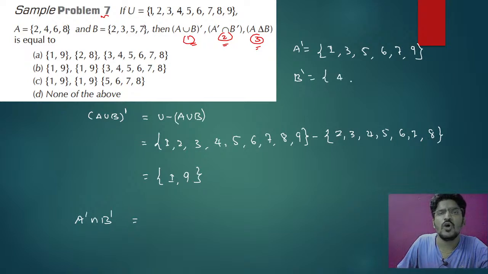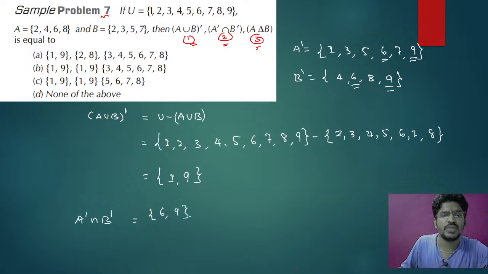You write 1, leave 2, 3, 4, 5, 6, 7, 8, and write 9. So this is B complement.